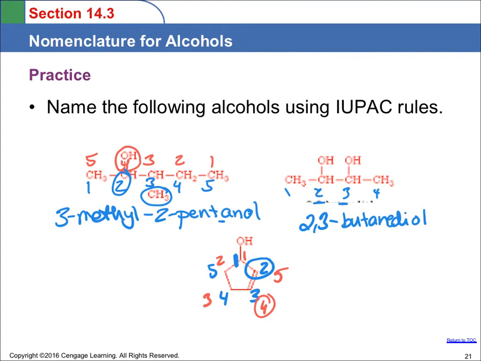So here we're going to have 2 for the double bond, cyclopentene, and then the alcohol is on number 1, which we don't include because we know it's on number 1. So 2-cyclopentenol.